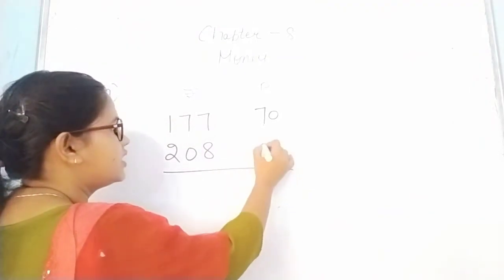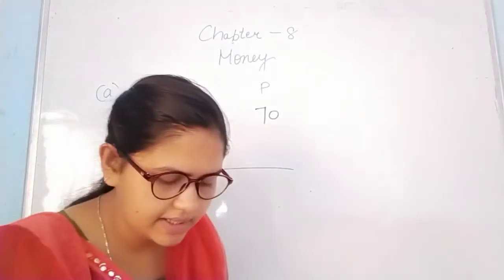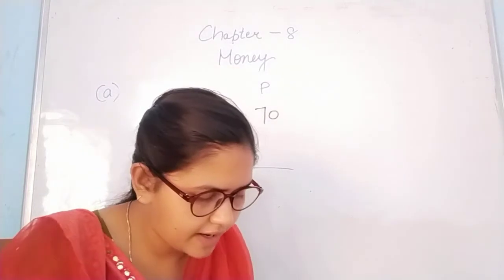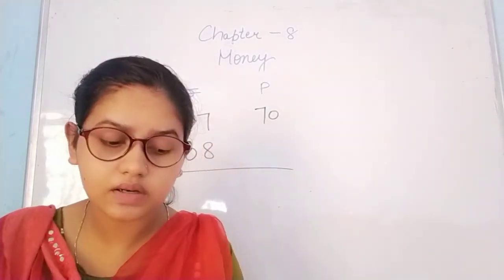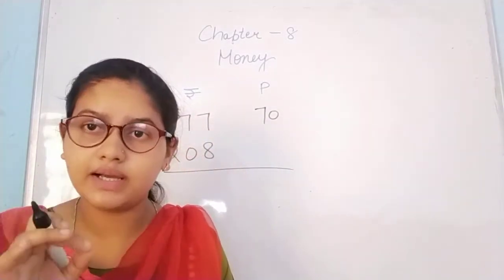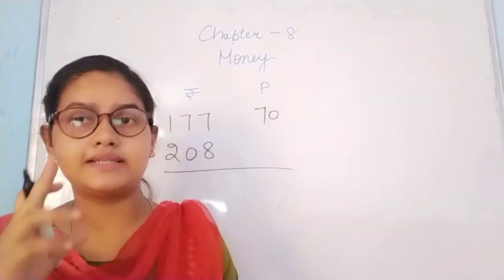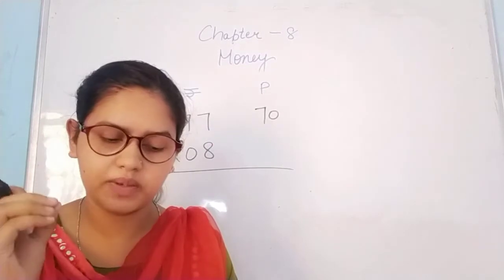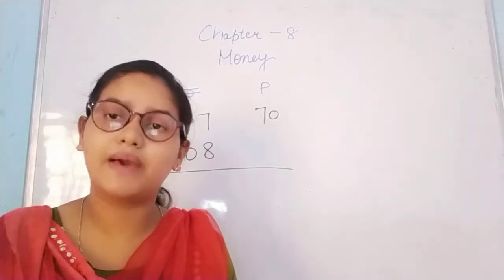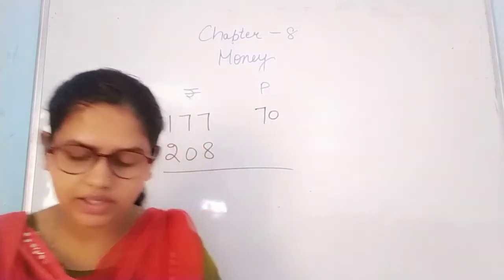So here will be 13. The equation is like this, we have to differentiate. You can see here is written 177 rupees 70 paise. Then the second amount is 208 rupees and the third amount is 13 paise. So how will we write it? Take a look.